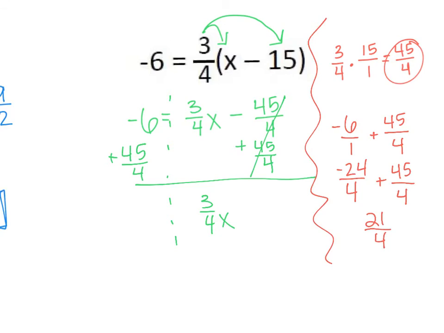4 goes into 21 5 times with 1 left over. But for now, I actually want to leave it like this. We're going to simplify it at the end because we have to multiply both sides by the reciprocal, which is 4 over 3.